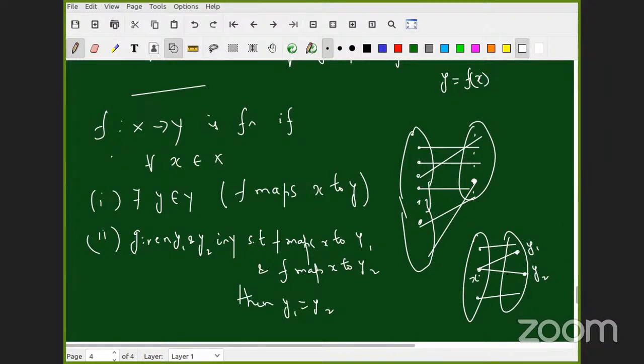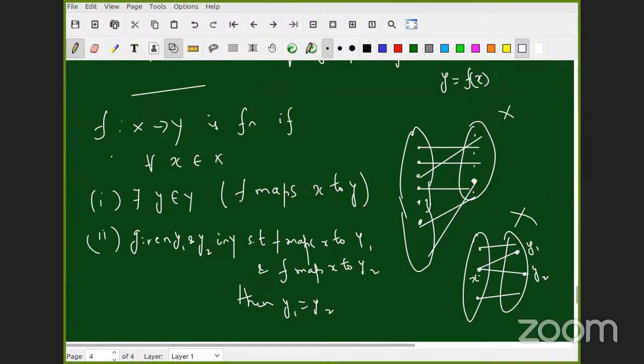If x is mapped to two elements, they have to be one and the same. This is not allowed. Leaving one element in the domain is also not allowed. So there are two ingredients in the definition of a function.